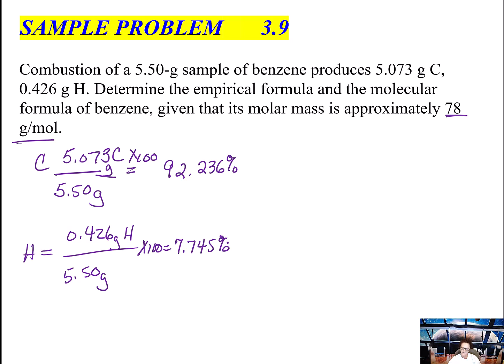7.745%. And yeah, you could just subtract it from 100, but it's a good idea because sometimes it's off just a little bit, like on that second or third decimal place. So I usually just go ahead and do it, and it comes out a little bit closer to what you're looking for. All right, so I'm going to translate that to grams.